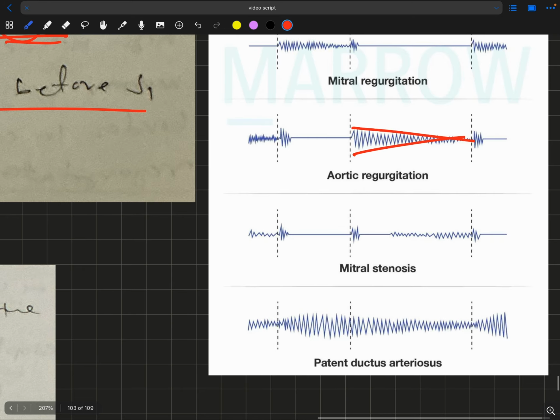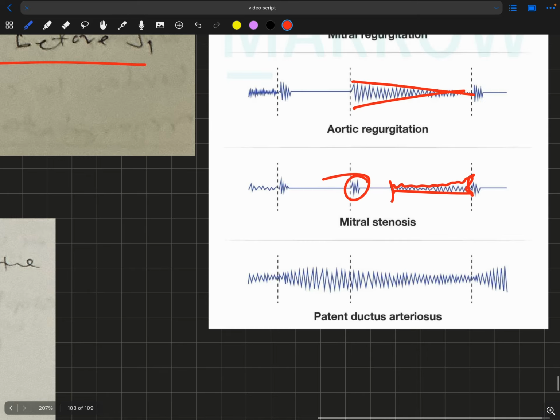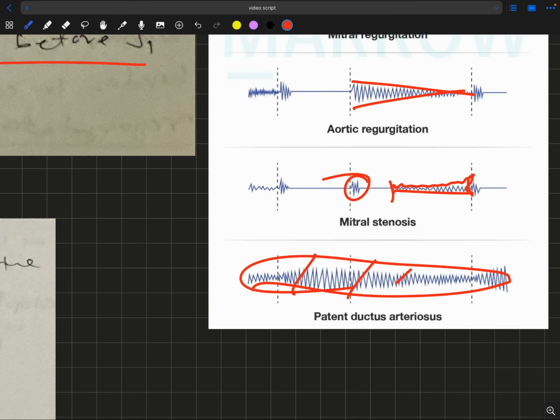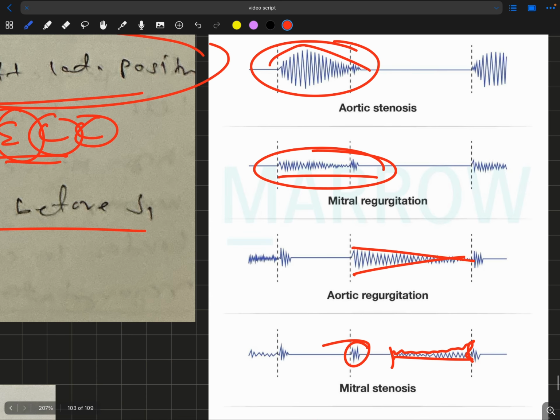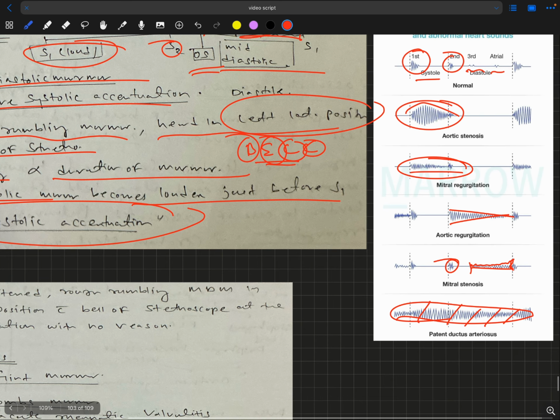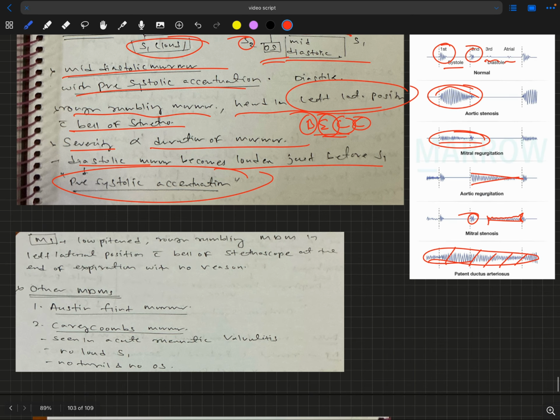In case of mitral stenosis, we see opening snap, mid-diastolic murmur with pre-systolic accentuation, and loud S1. In case of PDA, we see a continuous murmur. And in case of MR, we see a pan-systolic murmur. So these are the types of murmurs in other valvular heart disease.